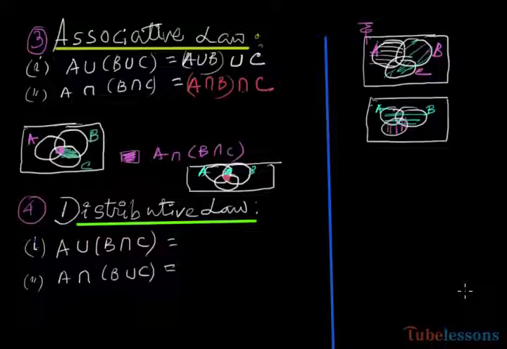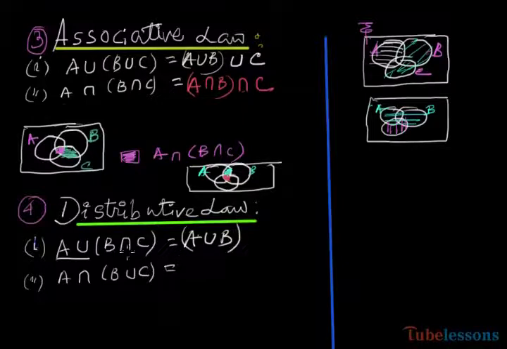Now the distributive law. In the case of the distributive law, A union (B intersection C) is equal to (A union B) intersection (A union C).